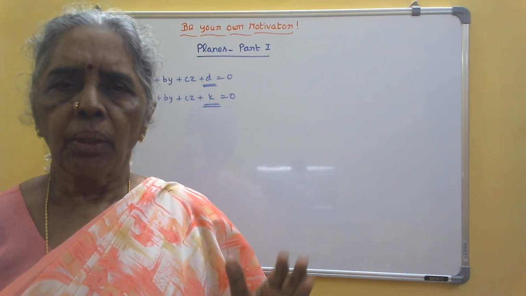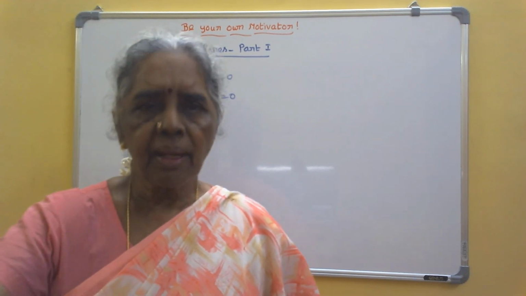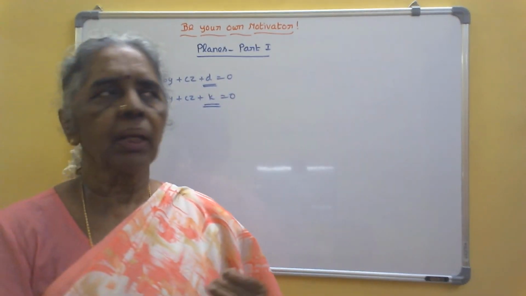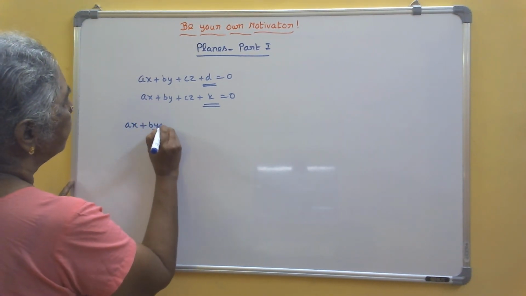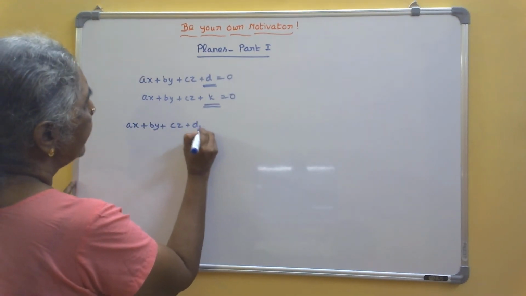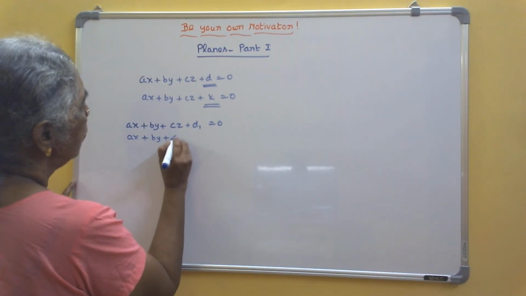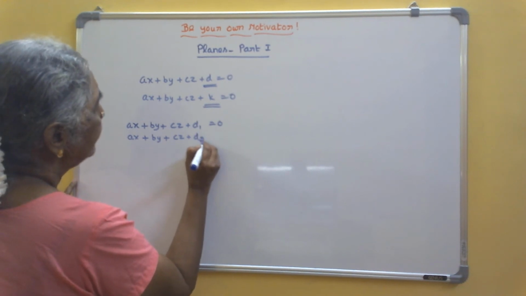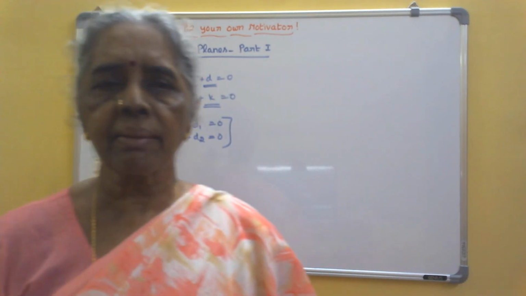Now, if you have two parallel planes, how to find the distance between the parallel planes? Okay. Now, let us consider ax plus by plus cz plus d1 is equal to 0 and ax plus by plus cz plus d2 is equal to 0. You know definitely these two planes are parallel.